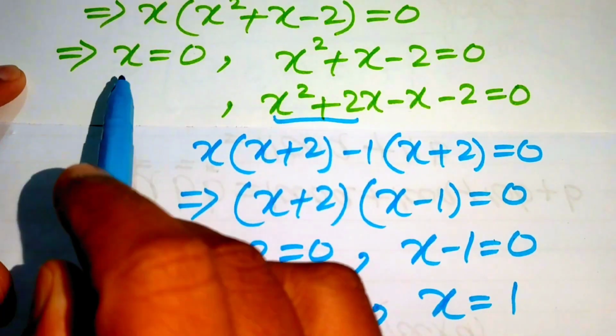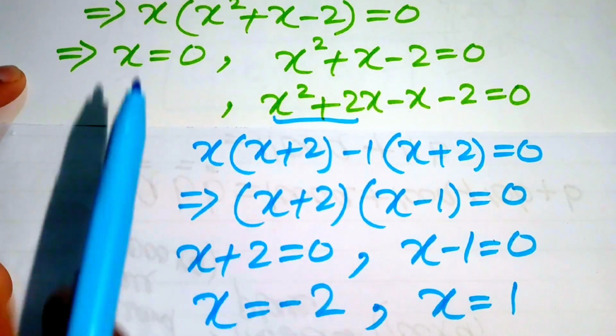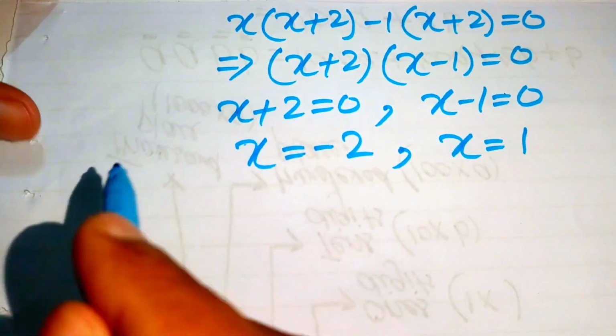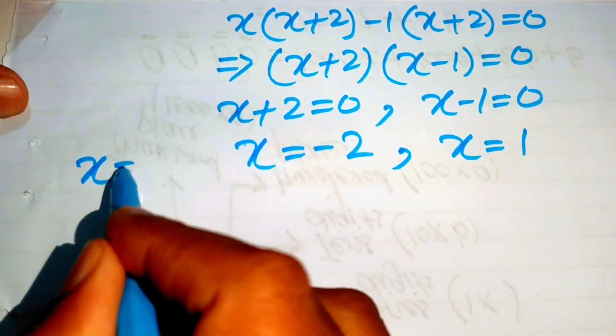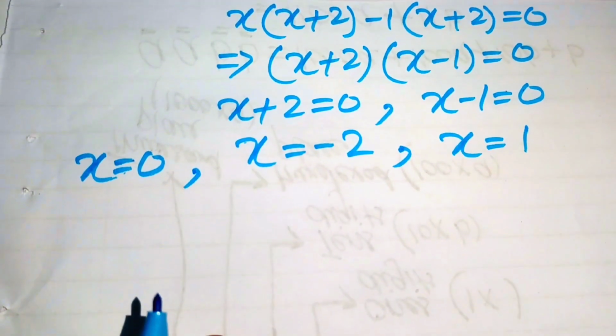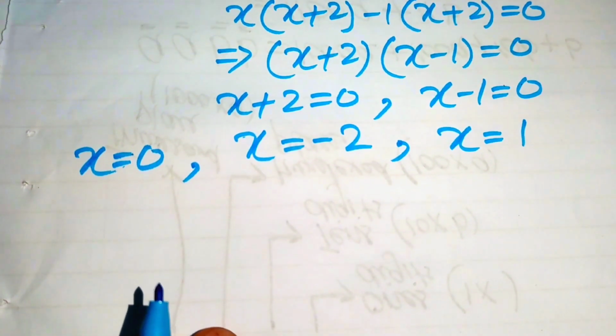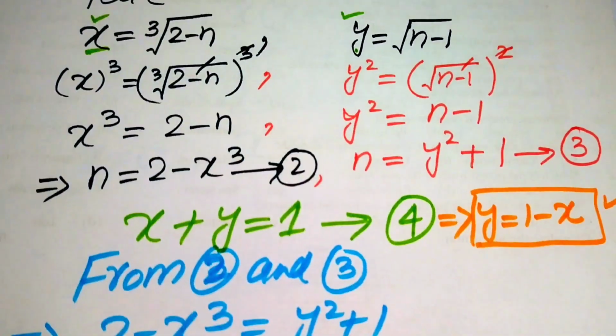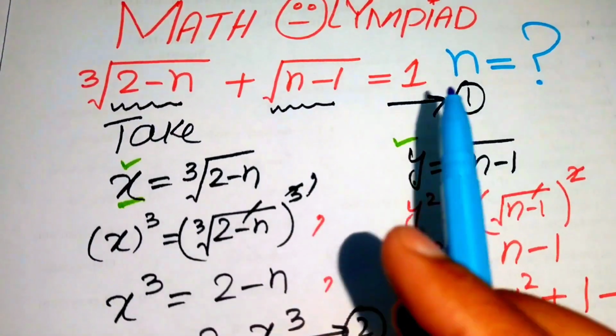But here we have another value of x which is 0, so we write this value of x equals 0 here. So here you remember our target, and our target is to find the value of n. So this is our claim or our question.